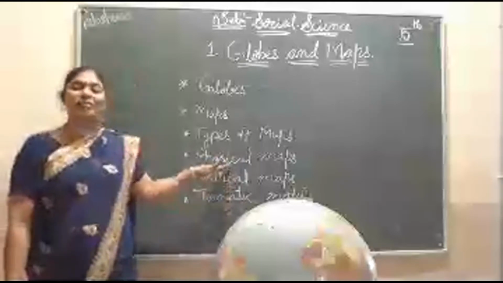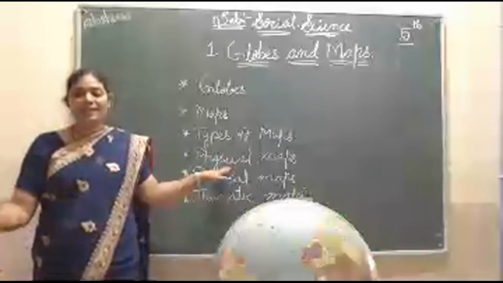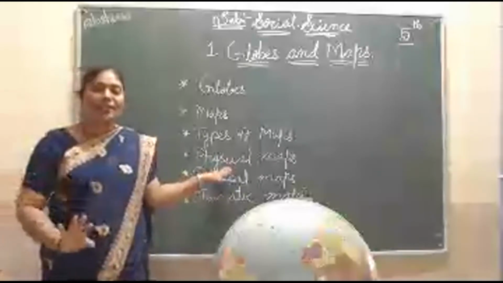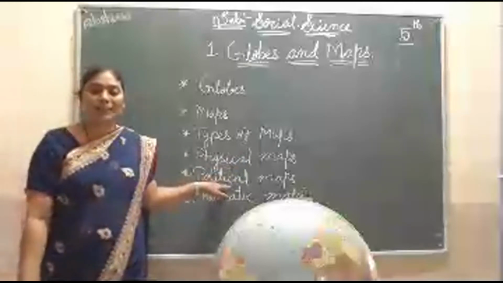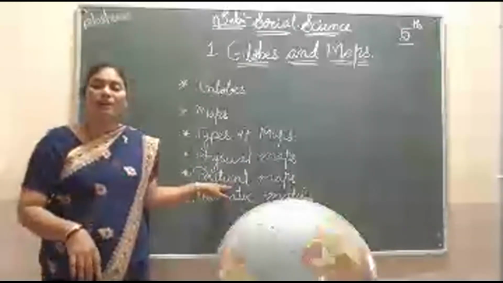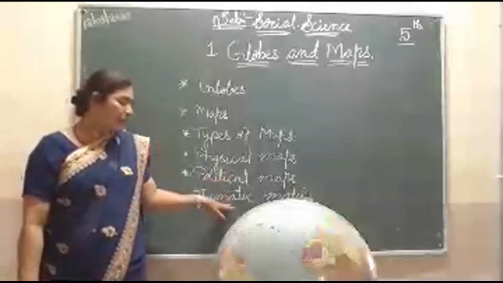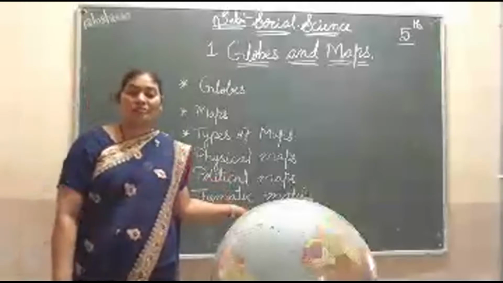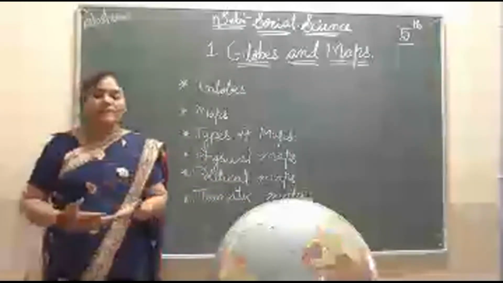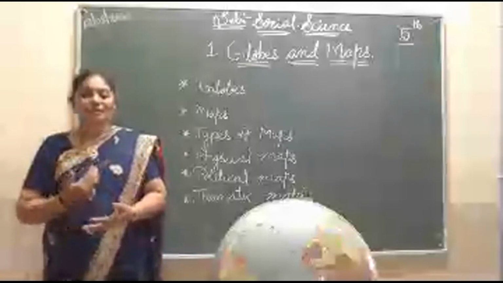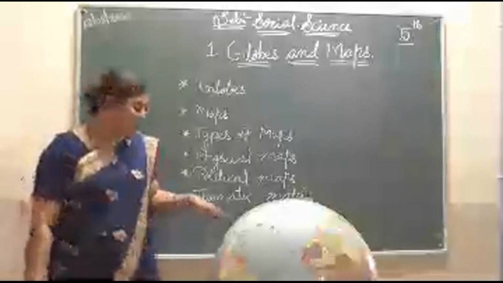In the physical map, we get natural features like mountains, rivers, plains, and plateaus. In the political map, we see the boundaries of places. In the thematic map, we see rainfall, natural vegetation, industries, and minerals. All these things we see in this map.